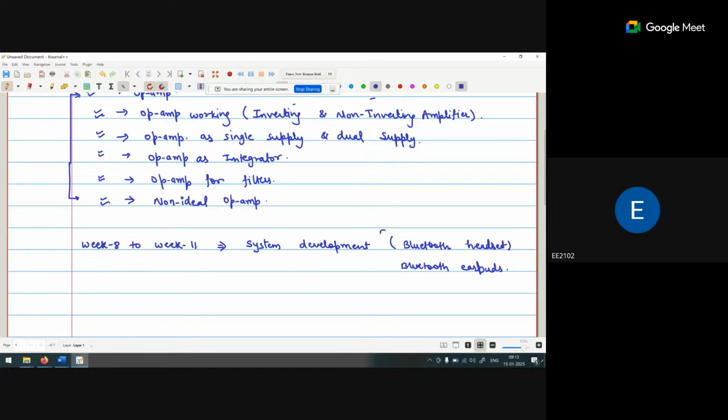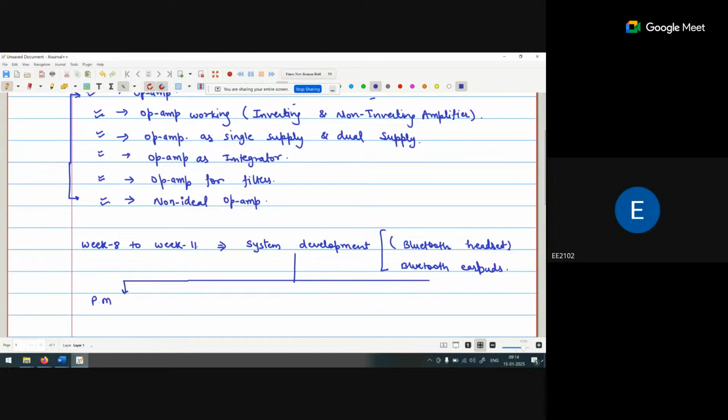Okay, a single system. And this system will be developed with the help of multiple subsystems. So week 8 to week 12, we discuss multiple subsystems.